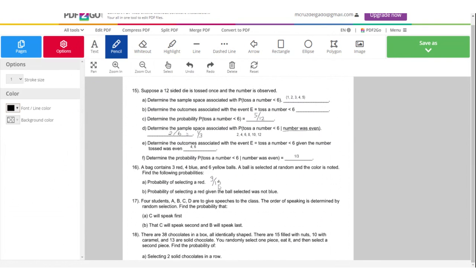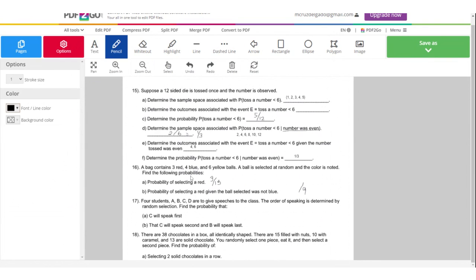Now, on this one, we have to determine not blue. The ones that are not blue are 6 yellows and 3 reds, so that's 9. So there's our new denominator. Those are not blue. Now, how many of those are red?